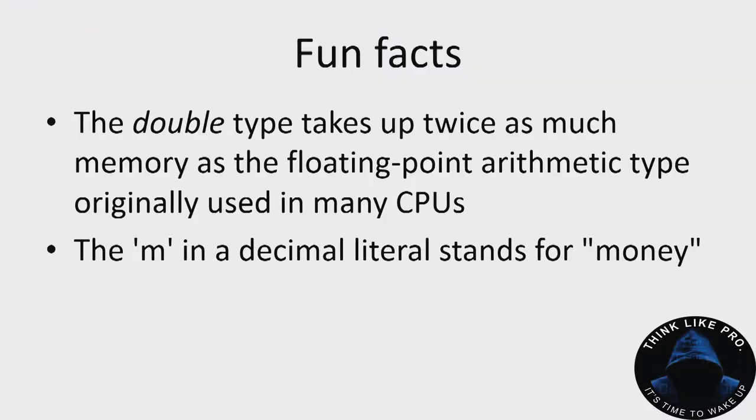You might wonder, why is double called double? That's kind of a strange way to say this is a fractional number. This is, again, for historical reasons. There was a previously used floating point arithmetic type used in many CPUs. It exists in C#. It's called float, which kind of makes sense.